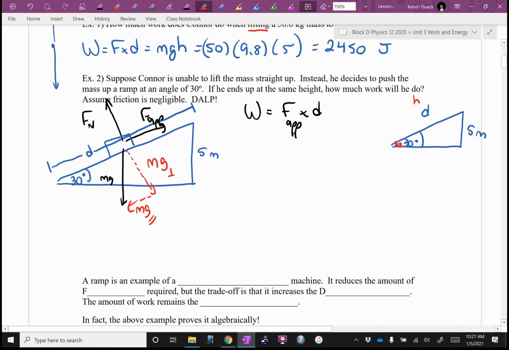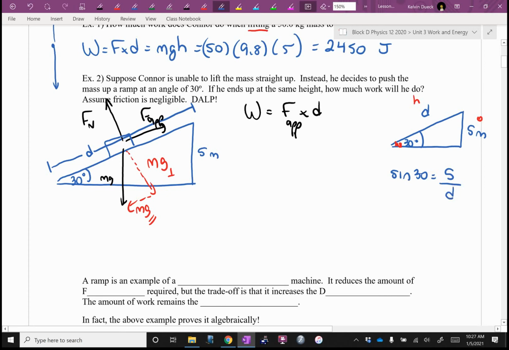Which trig function? O and H. Sine. So I'm going to make a little note here. It turns out sine 30 equals 5 over d.